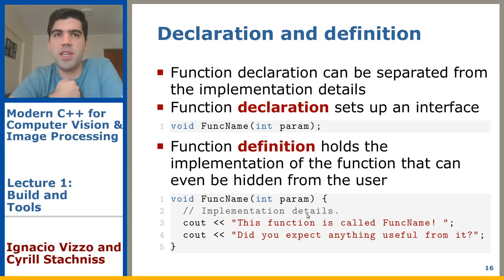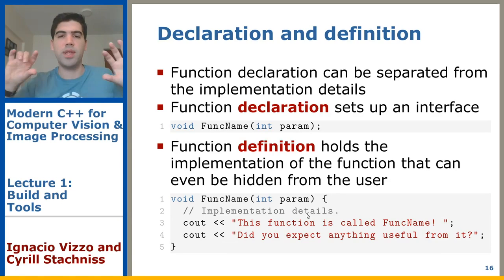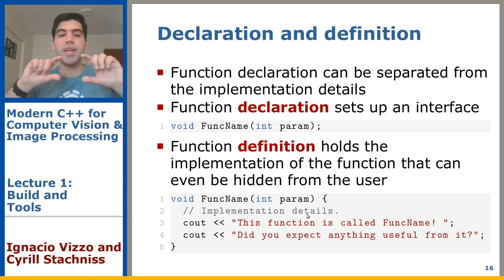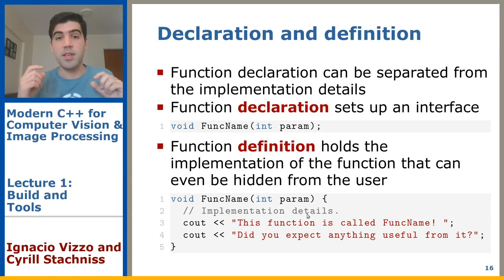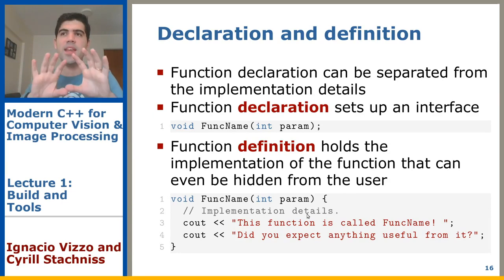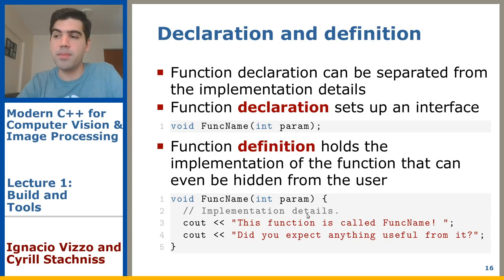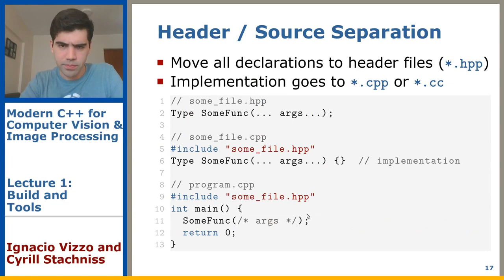You're telling the preprocessor, I promise I will give you the implementation for this function, so don't worry, you will get it soon. You just put the interface of the function. In this case, it's a function called funcName. It takes an integer as input parameter and it returns void. This means nothing. And then in a different file, you write the implementation with all the details of this particular function.